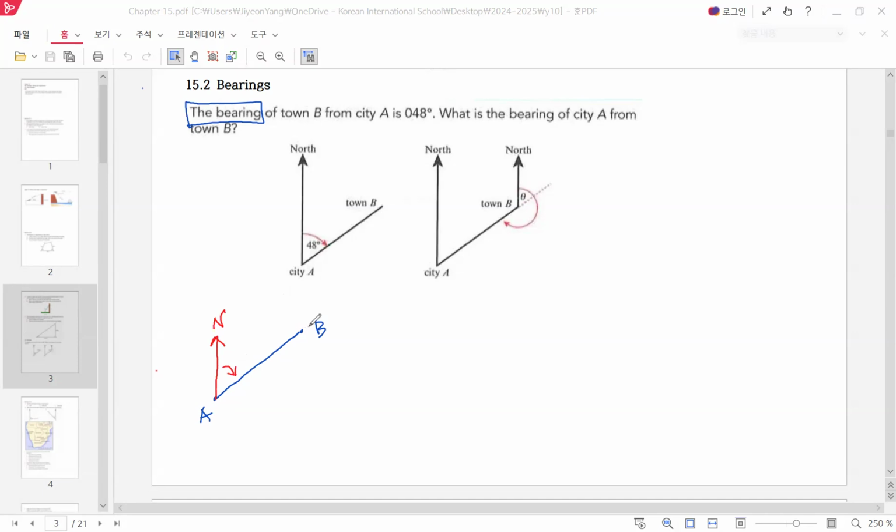To find the bearing from B to A, you need to draw a north point mark from B, and the bearing always needs to be measured clockwise. So you need to calculate this angle, which is called the bearing.